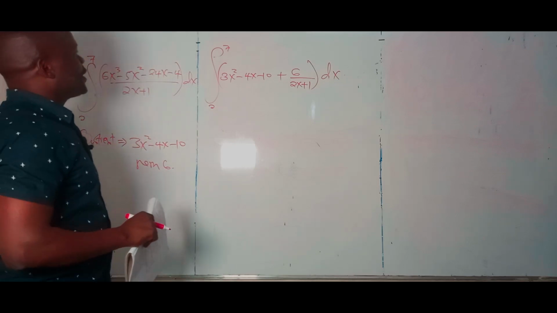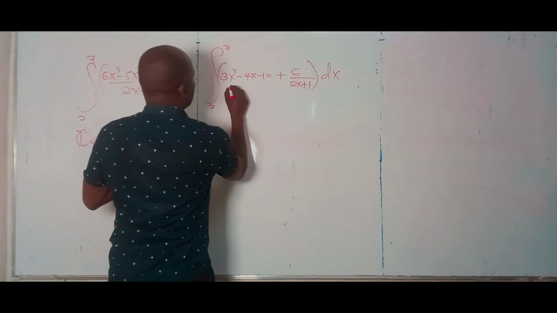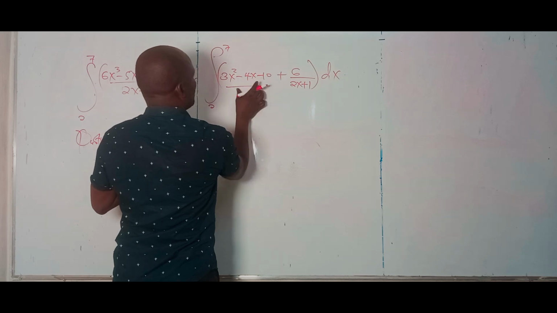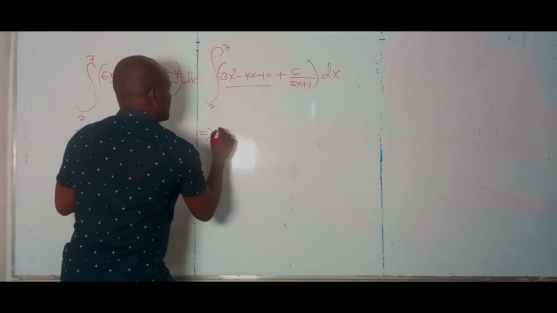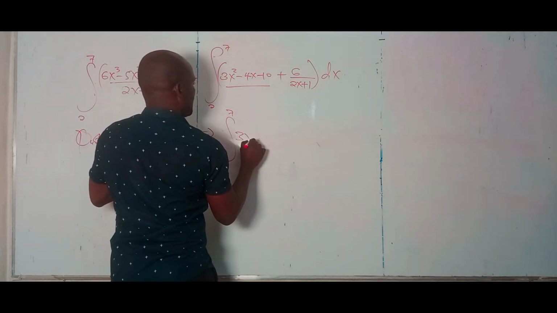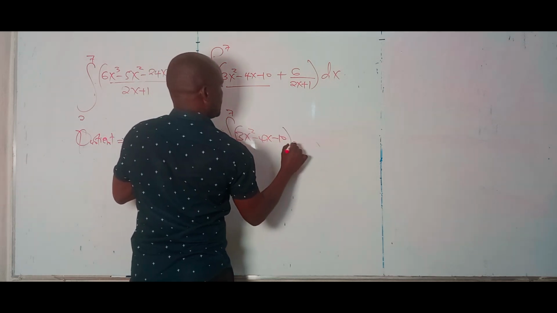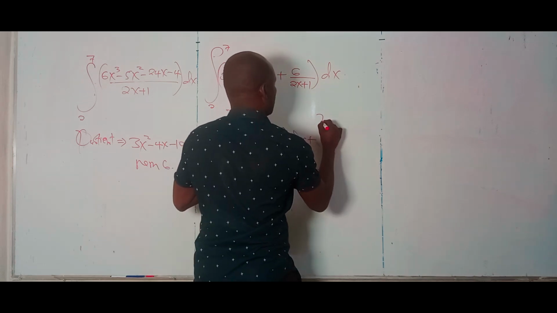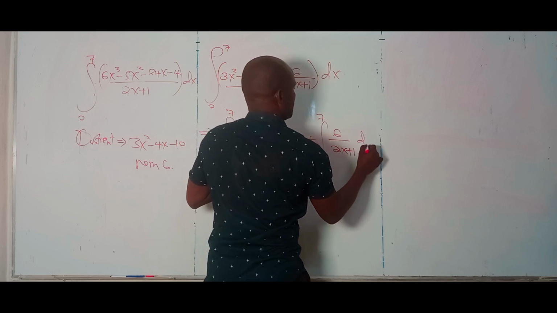Next, we can get the integral directly for this part. This implies the integral from 2 to 7 of 3x squared minus 4x minus 10 dx plus the integral from 2 to 7 of 6 over 2x plus 1 dx.